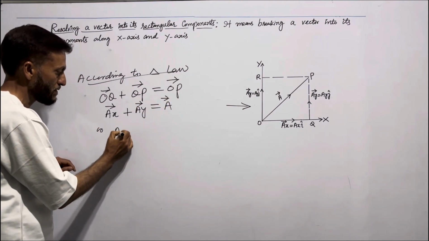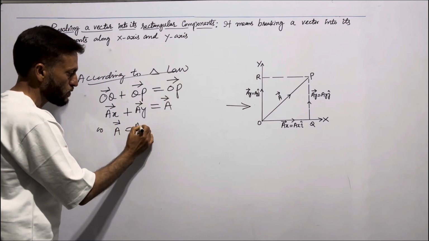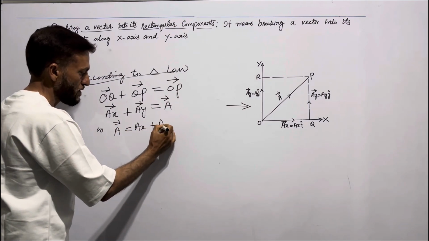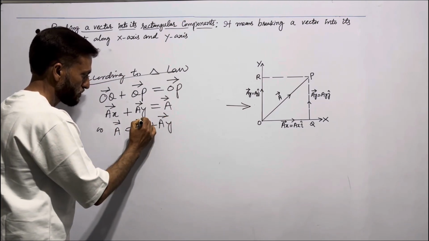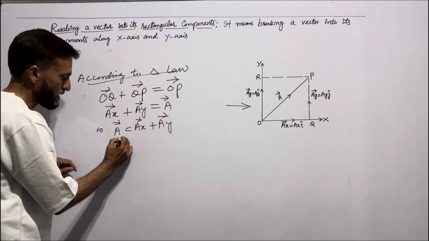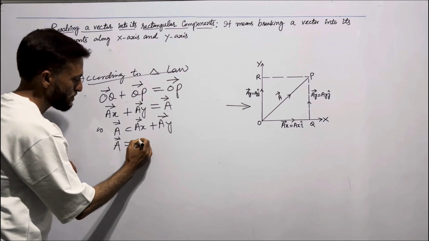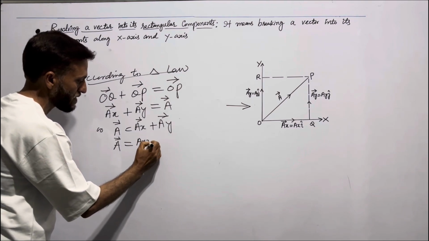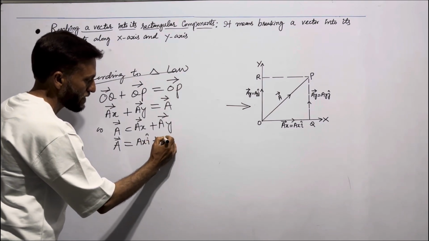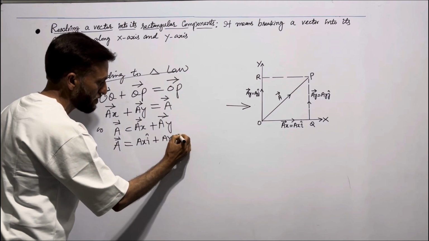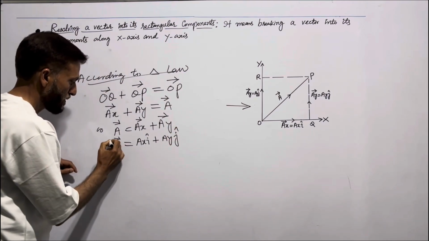Or we may write vector A equals to AX plus AY, or vector A equals to, what is AX? AX is represented as AX I cap, and AY is represented as AY j cap.